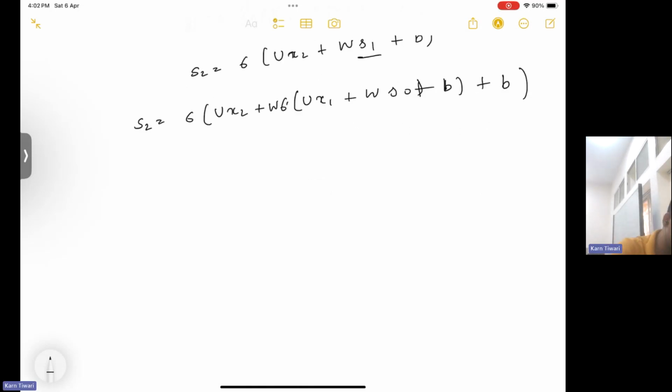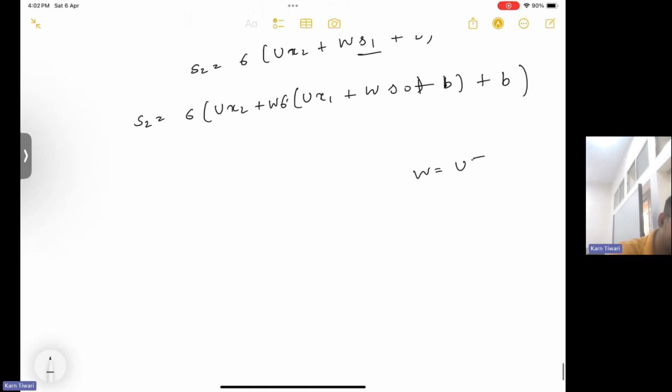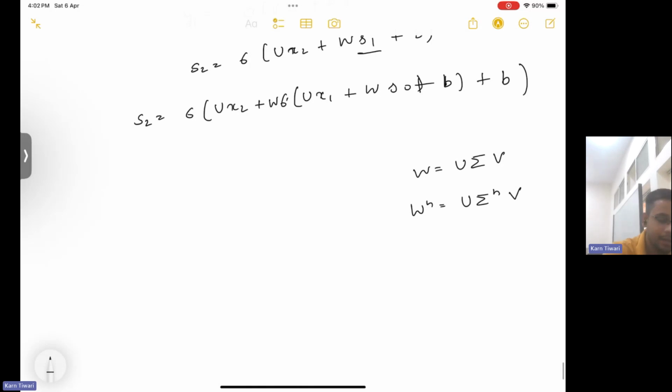So now the question comes: there is a standard result in matrix theory, and you can do the eigenvalue decomposition, or you can do SVD, and represent W as U sigma V. Now, if you do W to the power n, you can write it as U sigma to the power n times V. Now, this is my diagonal matrix, and if my diagonal elements are one, there is no issue.